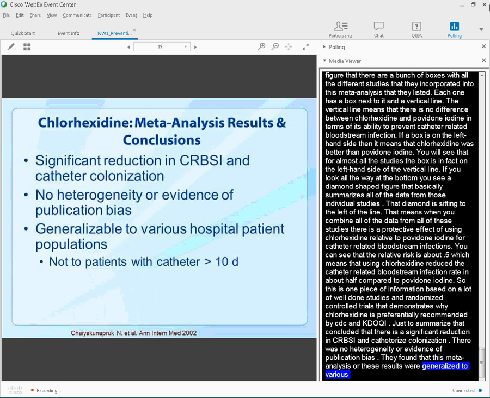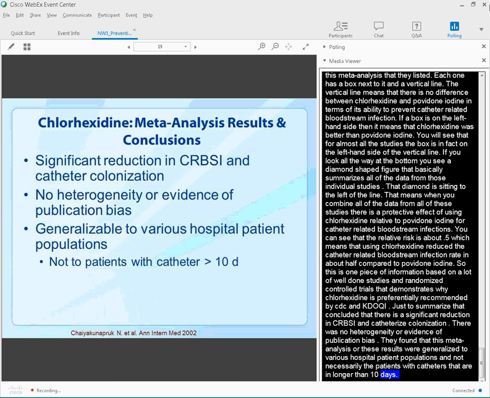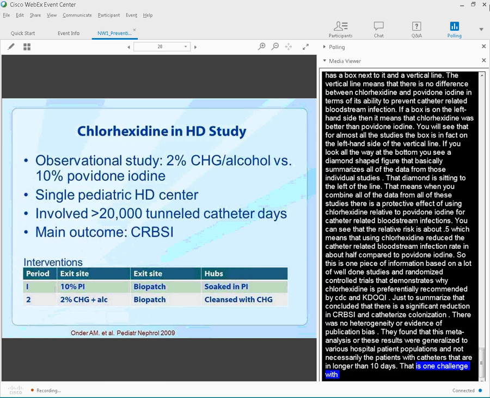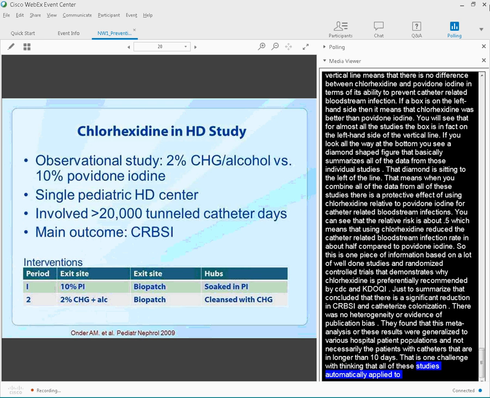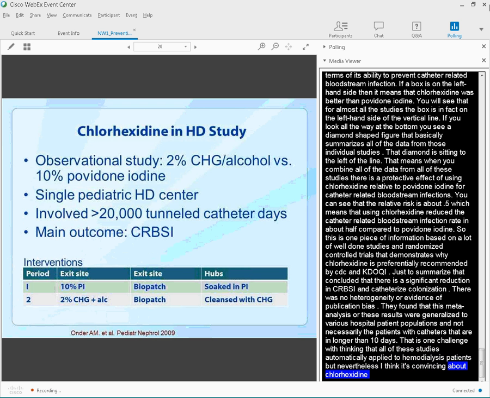And so that's one challenge with thinking that all of these studies automatically apply to hemodialysis patients, but nonetheless, I think it's convincing evidence about chlorhexidine and tells us something about the strength of evidence supporting this product.